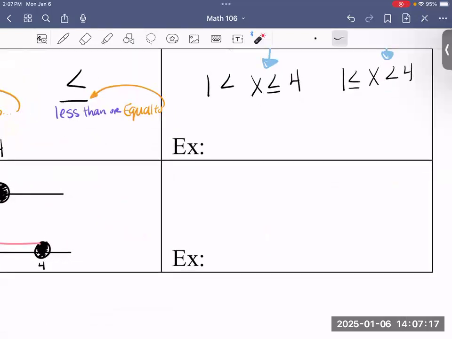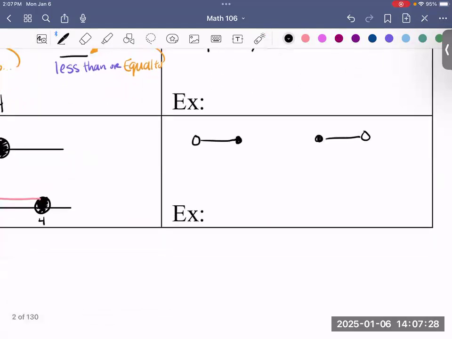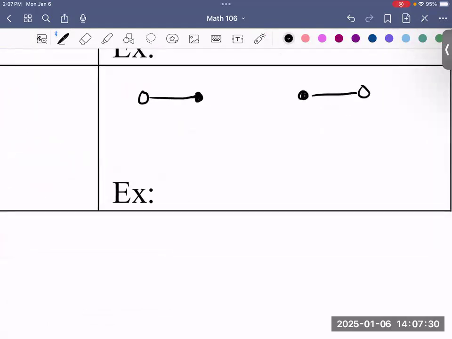Then, of course, you could have some sort of a mix. You could have open on one end, closed on another, or closed on one end and open on another. So for us, you could say on this number line, 1 and 4.